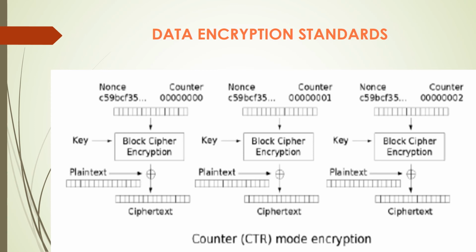Here the nonce is a random number used for all blocks of an encryption operation, and the counter is exactly what it sounds like: a value that starts at 0 for block 0 and increments to 1 for block 1 and so on.